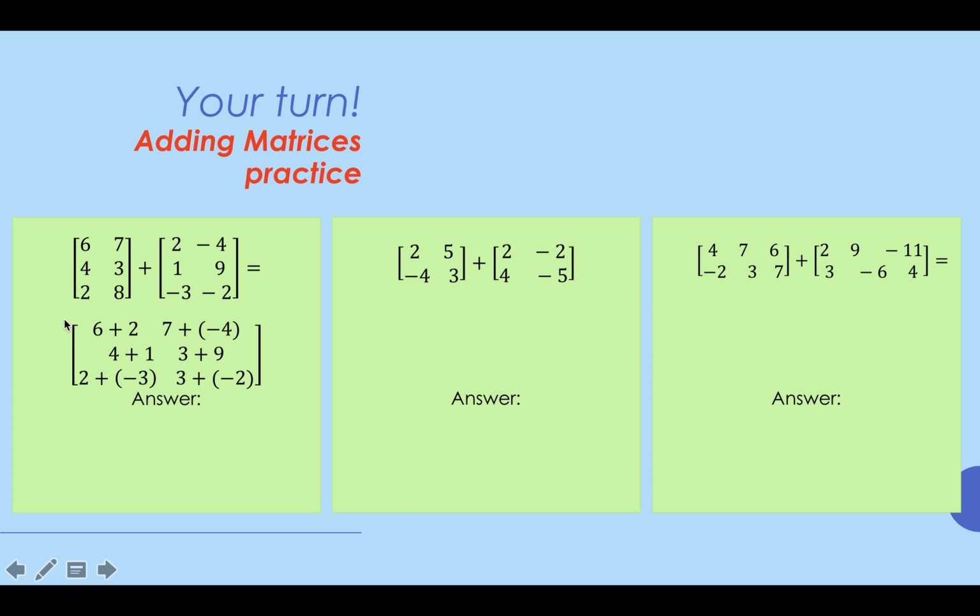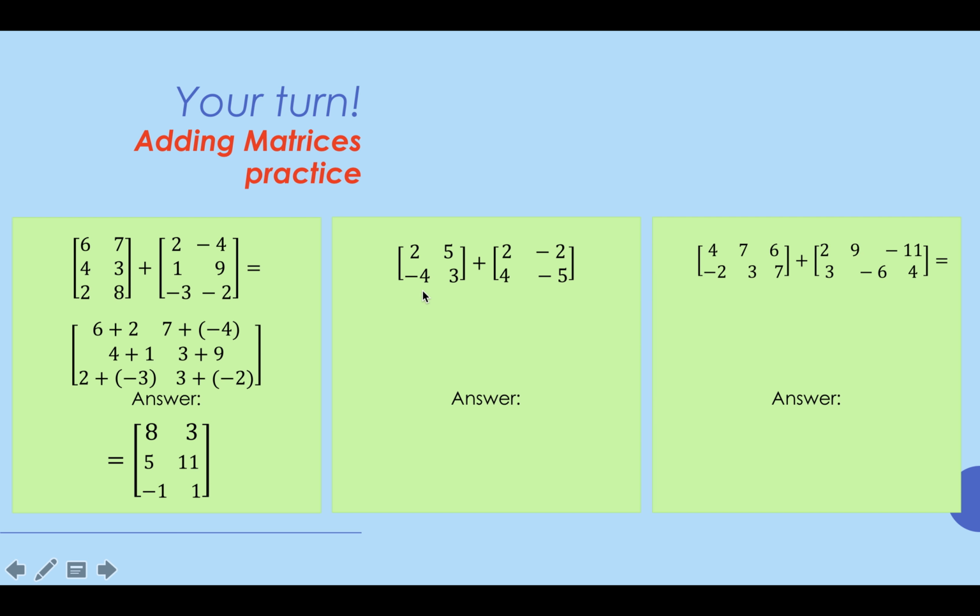So our answers for this would be 8, 3, 5, 12, -1, and 1. We know that is correct because we did all the math ourselves and followed our steps.